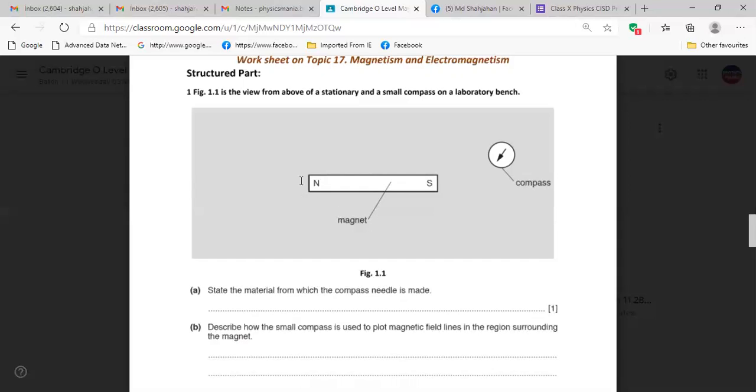So that direction you should show with an arrow. So the last point is to join the lines and show the direction with arrows on the lines. So you got it now? Yes, sir.